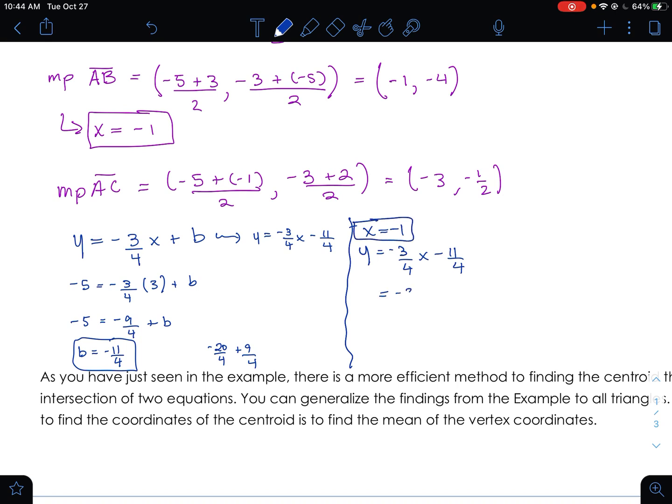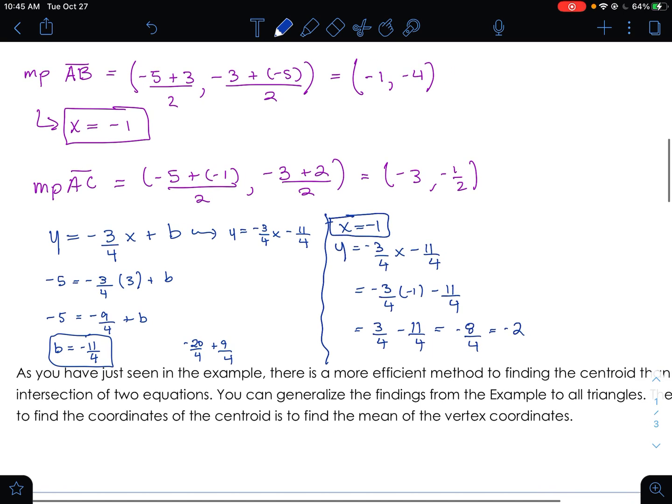So we substitute that in and we find negative 3 over 4 times negative 1 minus 11 over 4. Negative 3/4 times negative 1 is 3/4, minus 11/4 gives us negative 8/4, which is equal to negative 2. So we find out that y equals negative 2 is the second part of our solution.